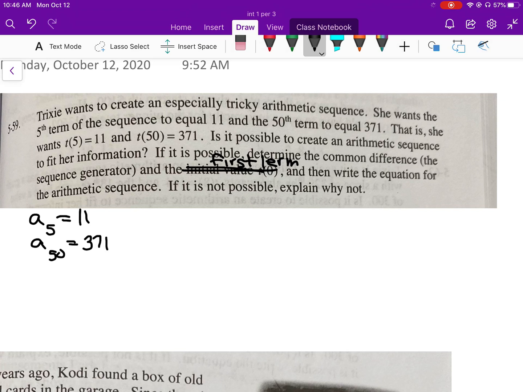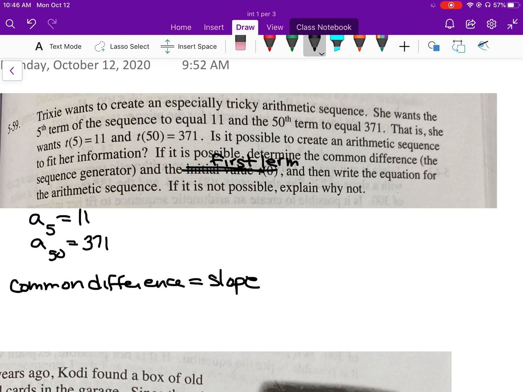Now we just talked about that the common difference is just like a slope, right? So that common difference is the same as a slope. How do we find the slope when we have two terms? Could I put this on a graph and find the points?